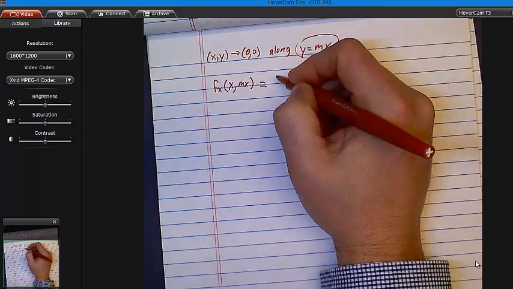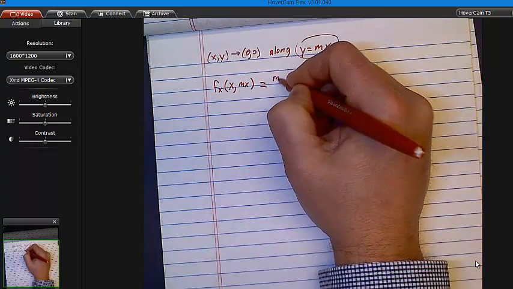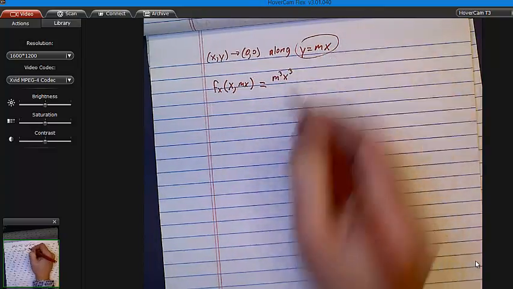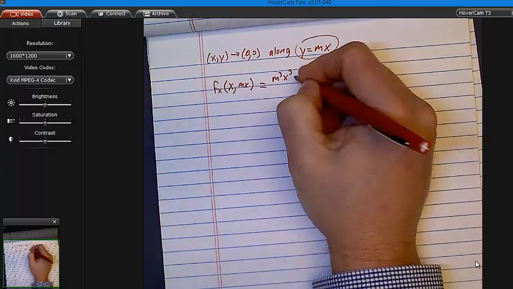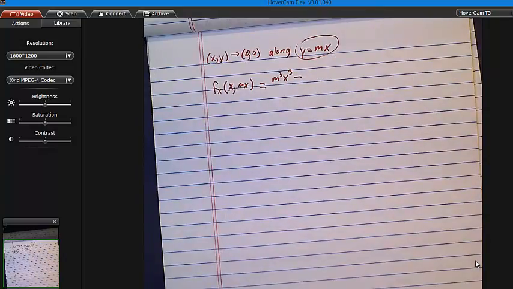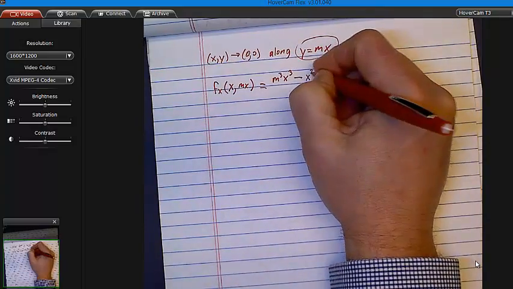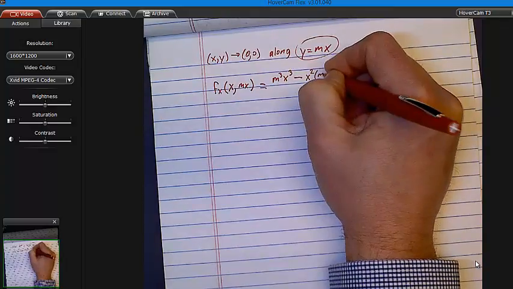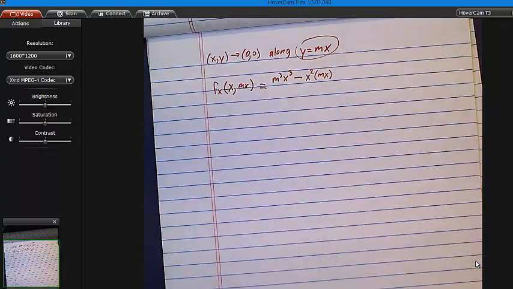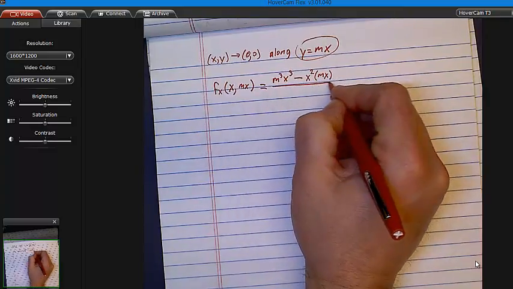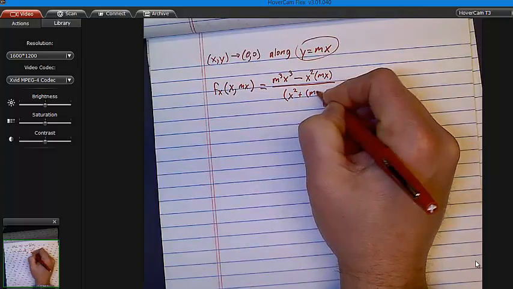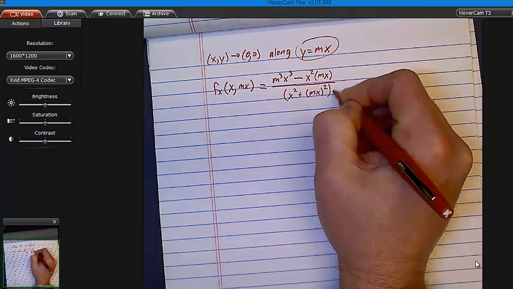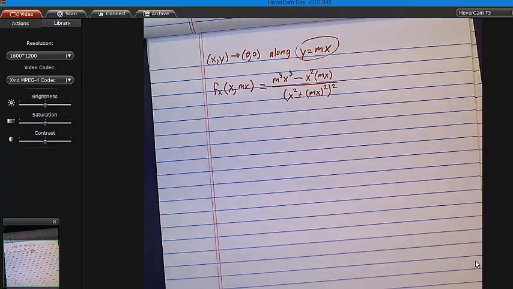So y cubed is going to be m cubed x cubed. Is that okay? Minus, what did we have? x squared y, so we have x squared times mx, all over x squared plus mx being squared, right?